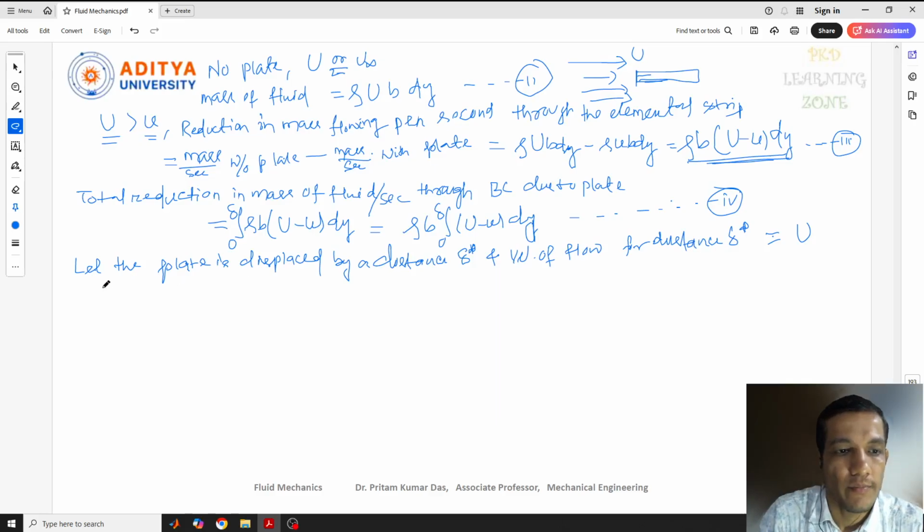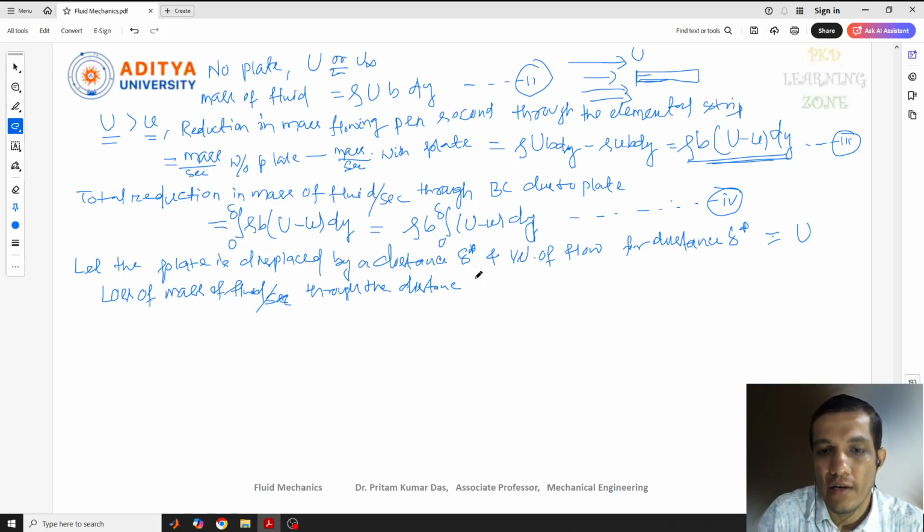So the loss of mass flow rate, the loss of mass of fluid per second through the distance delta star. So what is this plate displacement we are talking about?